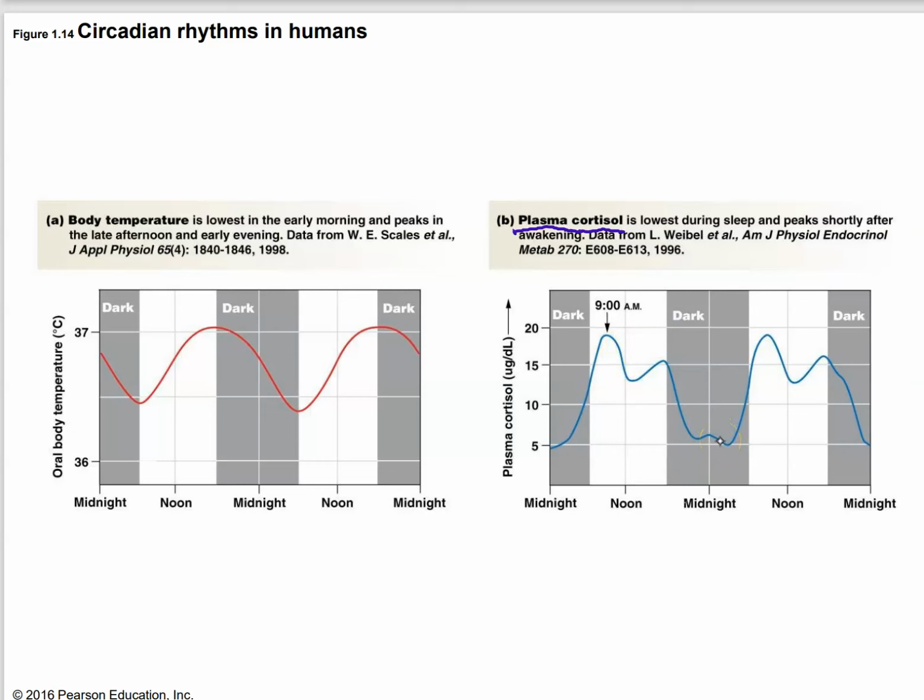You might have noticed if you're really stressed out and you have very high levels of cortisol in circulation, it's going to make it very, very hard to sleep. So if the cortisol levels are too high, it's going to be hard to fall asleep. Cortisol is supposed to be high during the day when you're active, and it's supposed to be low to help you fall asleep in the middle of the night right there.